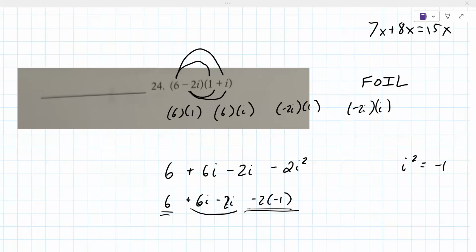Okay, let's see. So we have 6 and the -2 and -1 would be 2. And then with the 6, that would be 8. And then the 6 and the -2, that would be -4i. Try again. +6, -2.